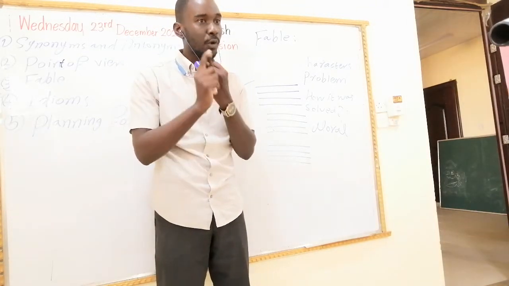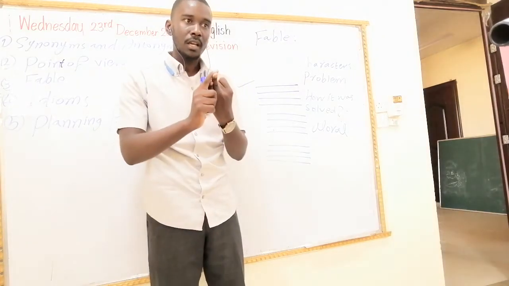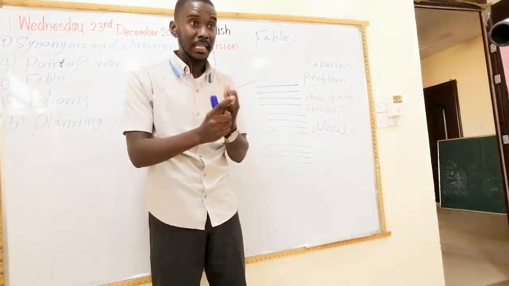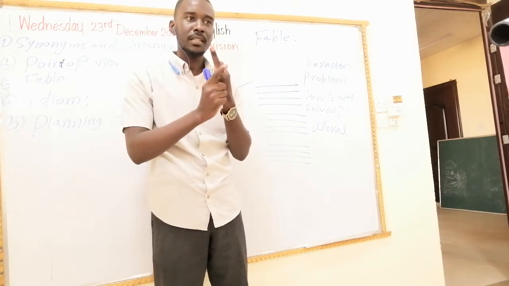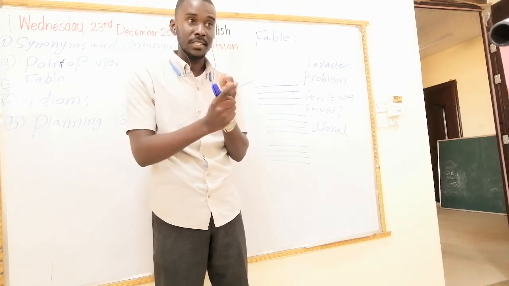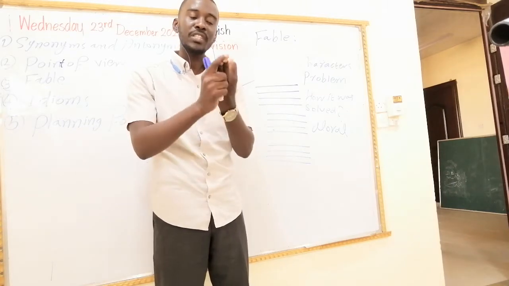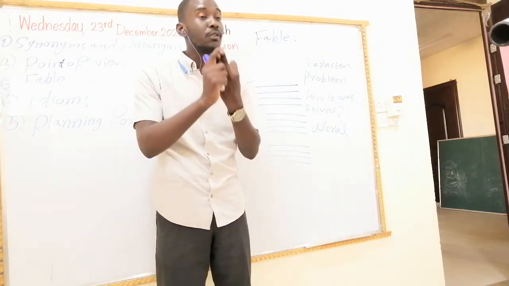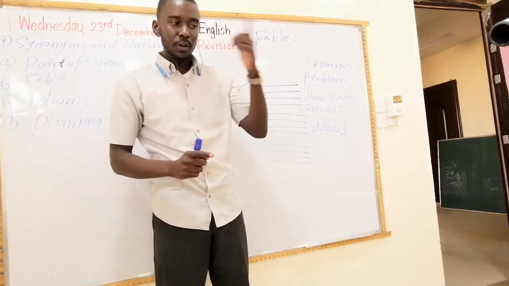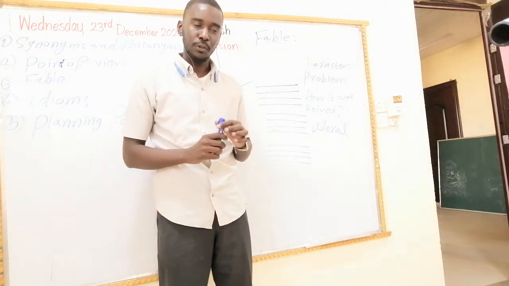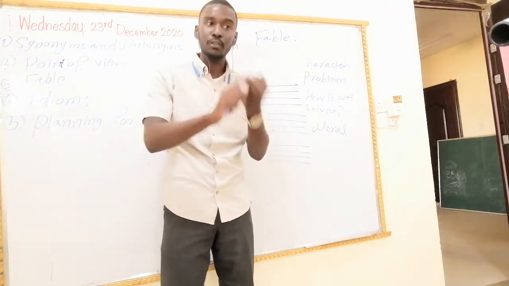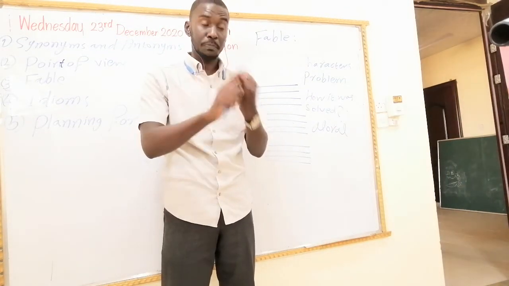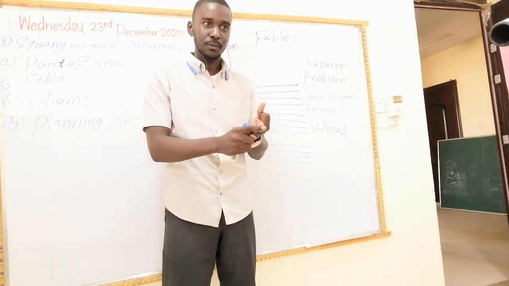Avoid spelling mistakes. Avoid grammar mistakes. Handwriting, spelling mistakes, grammar mistakes. If your story is free of these things, then you have written a good story. I'm going to look at your handwriting, your spelling, and your grammar.